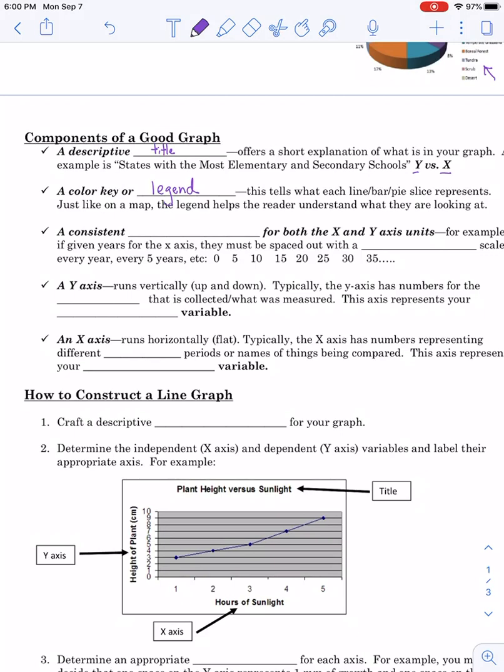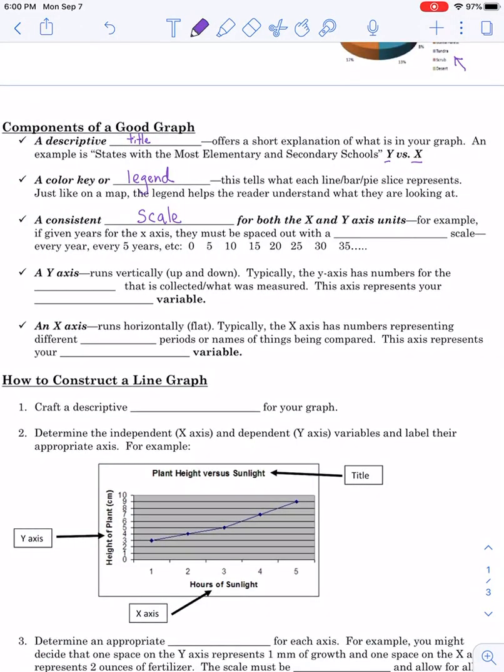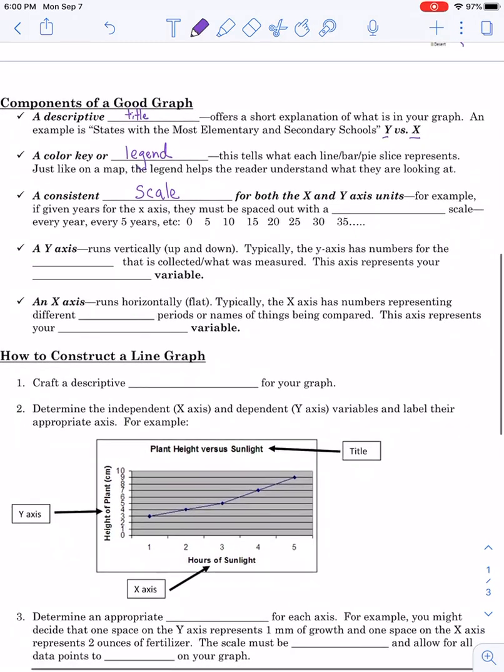The next one is really important. You need to have a consistent scale for both the X and the Y axis. For example, if given years for the X axis, they must be spaced out with a consistent scale, either every year, every 5 years, etc. So you would want to go 0, 5, 10, 15, 20, 25, 30.